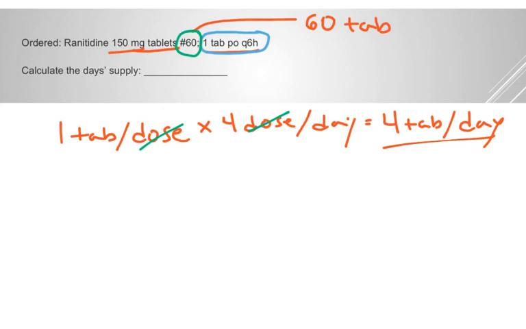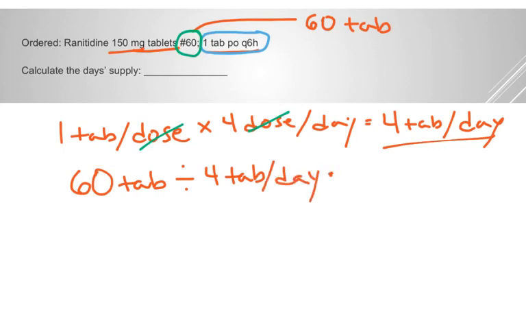So we know he's got 60 tablets in this bottle. So if he has 60 tablets and he needs to take 4 tablets per day, you're going to divide, and let me do 60 divided by 4, and I get 15 days.